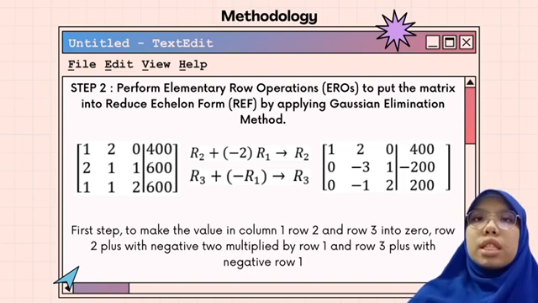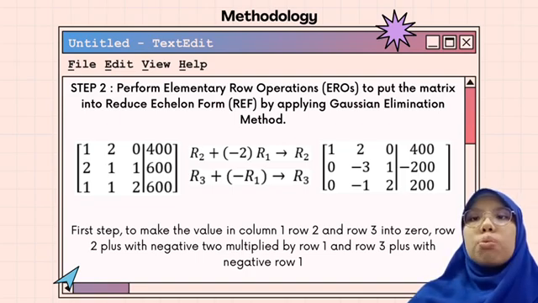First step, to make the values in column 1, row 2 and row 3 into 0: row 2 plus negative 2 multiplied by row 1, and row 3 plus negative row 1. The result at row 2 is 0, negative 3, 1, negative 200.